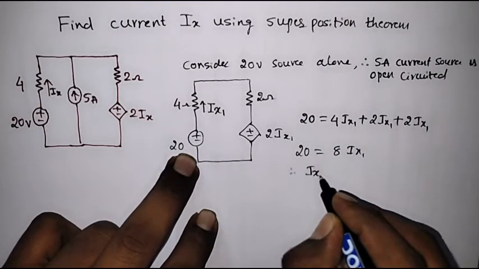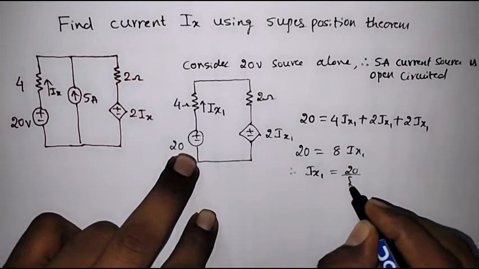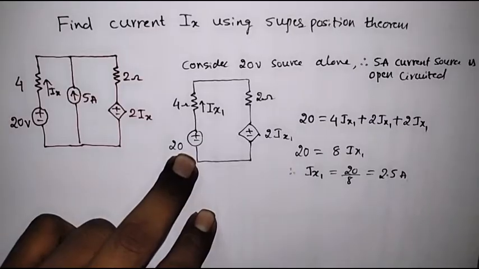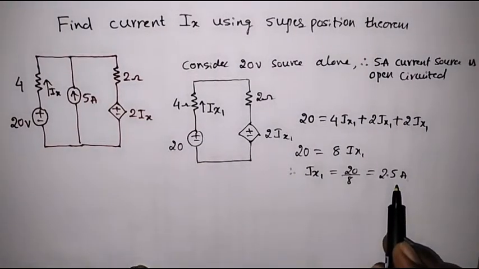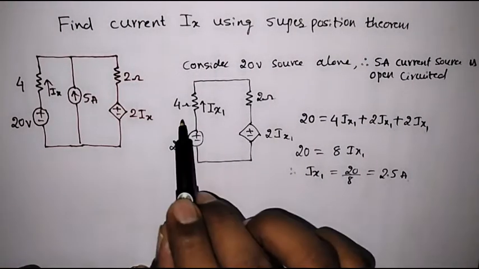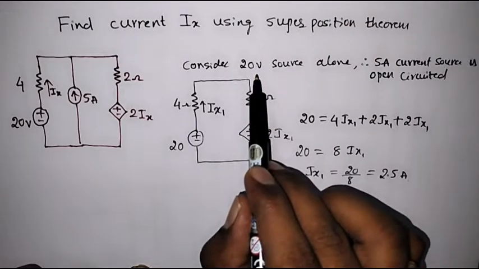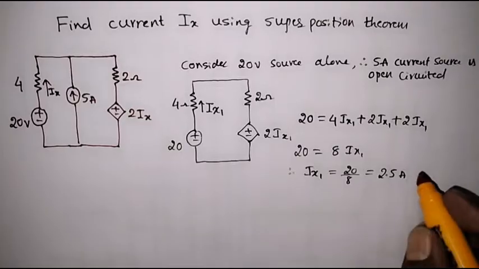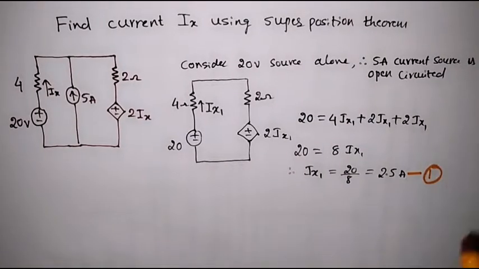Therefore Ix1 is equal to 20 by 8, 2.5 amps. So 2.5 amps is the current that flows through the 4 ohm resistor when the 20 volt source is considered alone. I'll call it equation number 1.